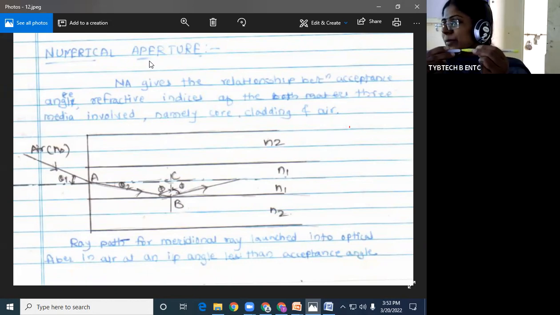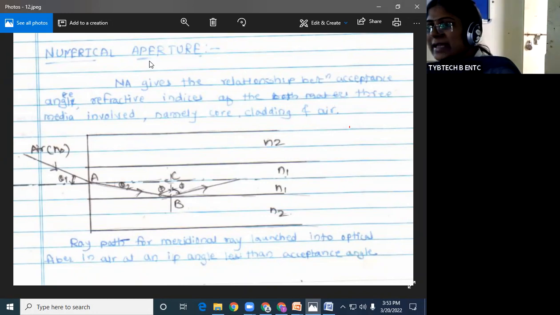Block diagram बघितली आपण. Information source, नंतर काय असतो? Optical source, then optical fiber, then optical detector, and then receiver. So whatever is this optical source, that rays are emitted by optical source, that are received by optical fiber cable.